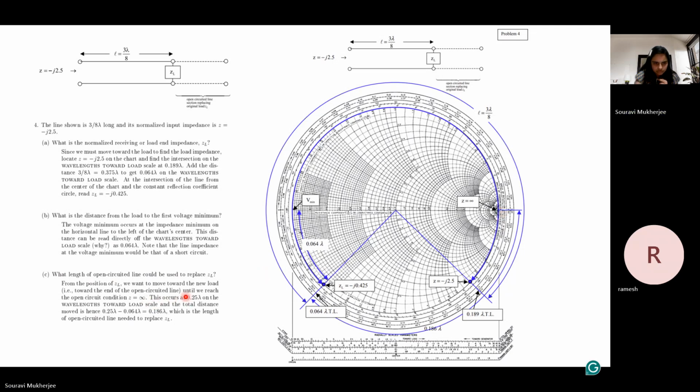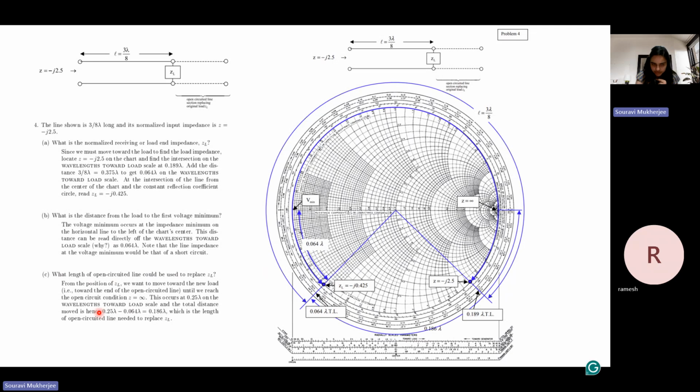This occurs at 0.25 lambda on the wavelength towards load scale. You are extending it further. If you know this point and the position of the other point, you just do a subtraction. You start from 0 here, you know this point is at 0.25, and the position for ZL is 0.064.